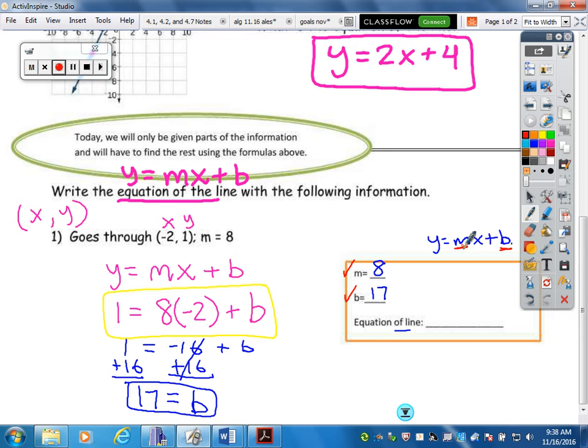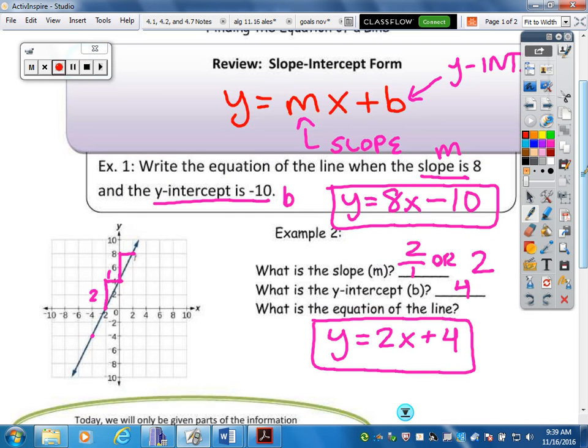So y equals 8x, and we now know b is positive 17, so plus 17. And there's our answer. That is the equation of this line given the information that we were given from the start. So our goal is largely the same, write the equation of the line. It's just different because up here in example 1 we were given m and we were given b right away.